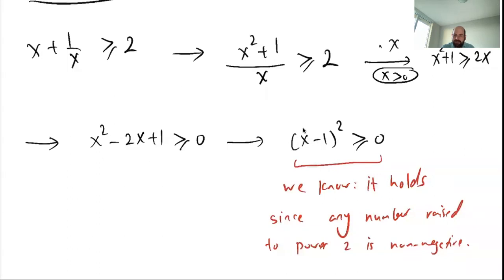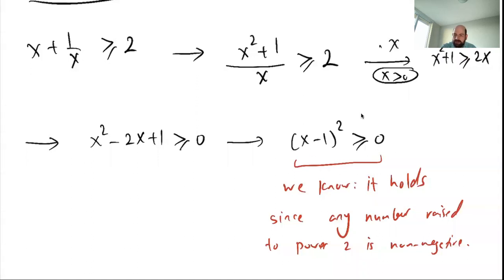So I have to start with this and conclude this, then this, then this, and then conclude the one that I want to show. But I did the opposite. I started with my goal and reached something that I know is true, right? But the logical procedure is to do the opposite.